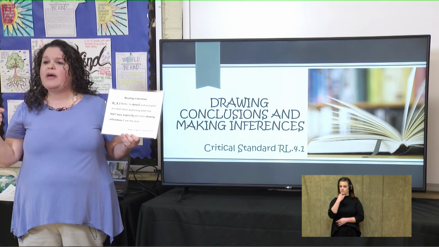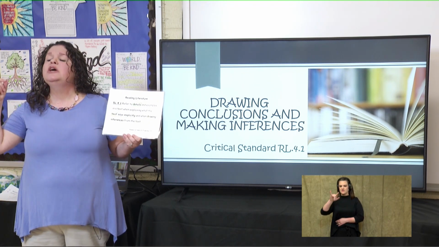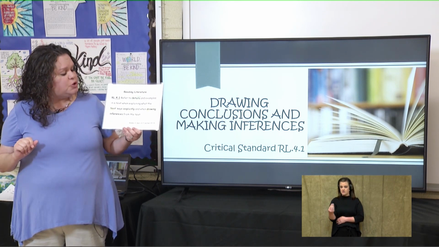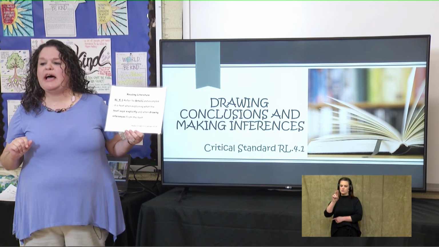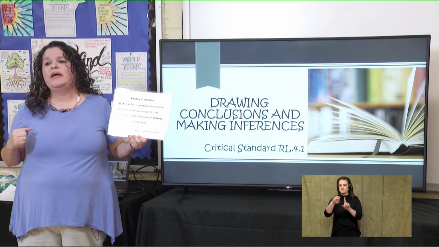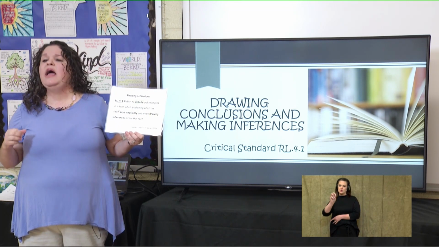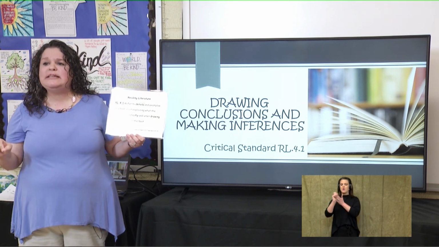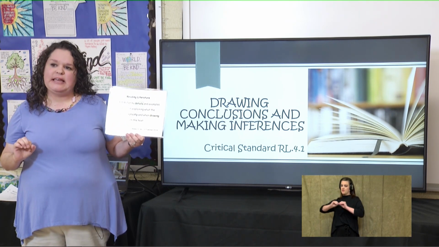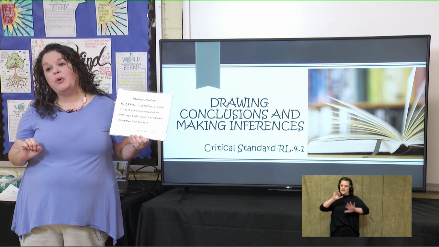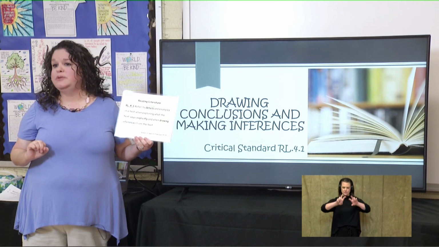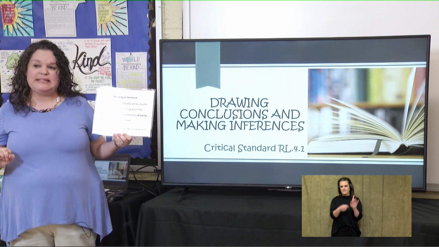And if you remember, that word explicitly means directly stated, and when drawing inferences from the text. Again, the drawing inferences part means that the author does not directly state what he or she is thinking. So boys and girls, that's what we're going to talk about today and examine a little bit closer throughout our lesson this afternoon.